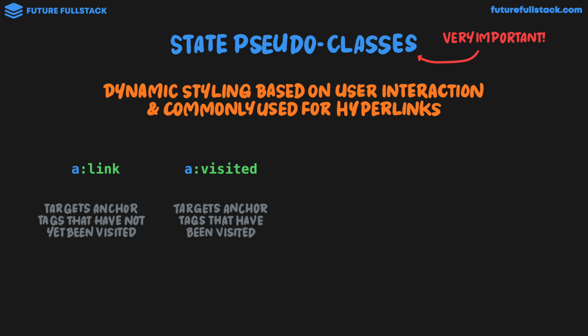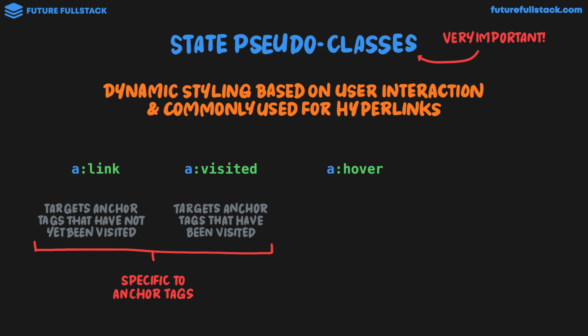You've probably had an experience with this already, where oftentimes a link you've previously clicked on that you revisit will now be purple. This happens in Google searches all the time. So the visited pseudo-class will target anchor tags that you have visited, and the link pseudo-class targets anchor tags that haven't yet been clicked. Now these 2 pseudo-classes are specific to anchor tags. You can't use them anywhere else.